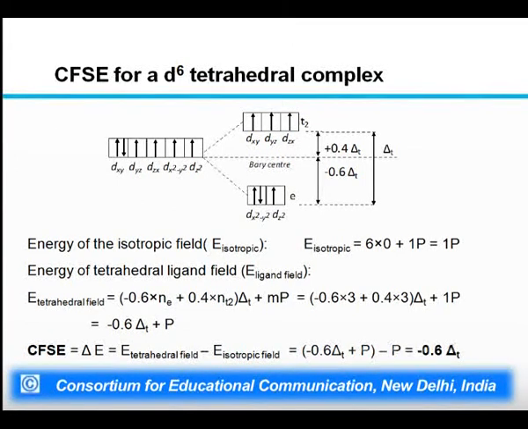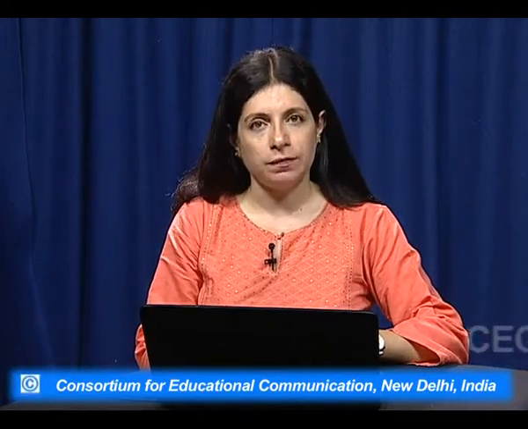So, the energy of the isotropic field would be 1P. The energy of the tetrahedral field would be minus 0.6 into 3 plus 0.4 into 3 delta T plus 1P, giving the value of minus 0.6 delta T plus P. So, therefore, the CFSE, which is the difference between these two, would be equal to minus 0.6 delta T.